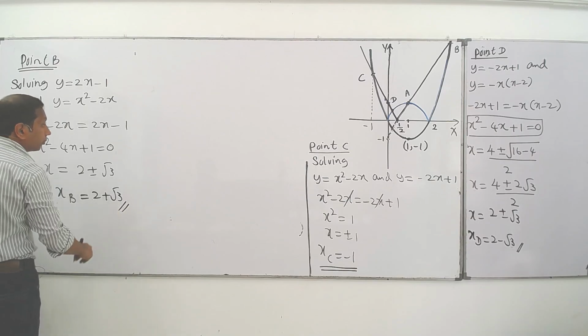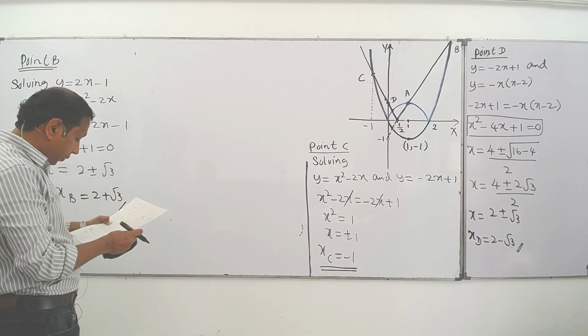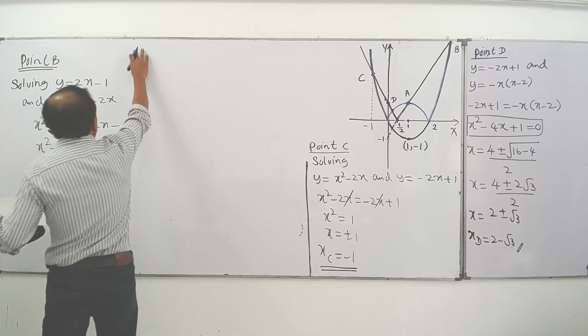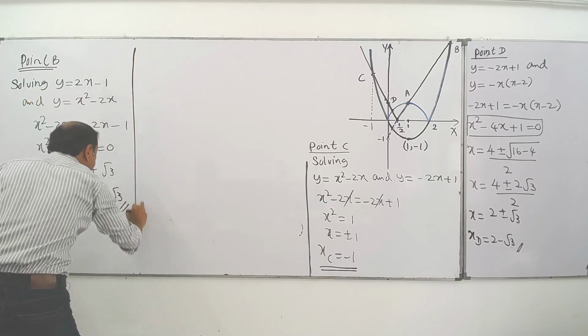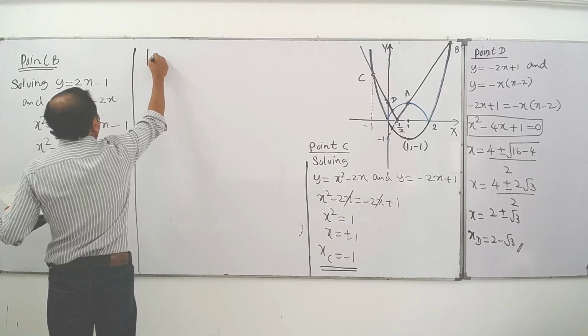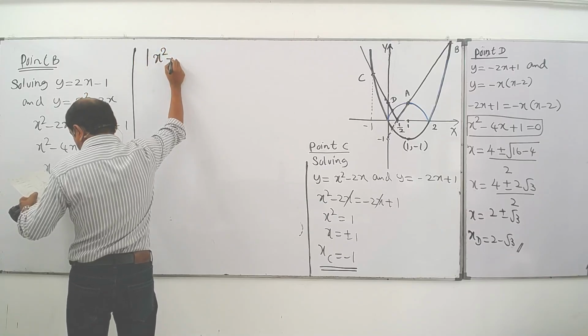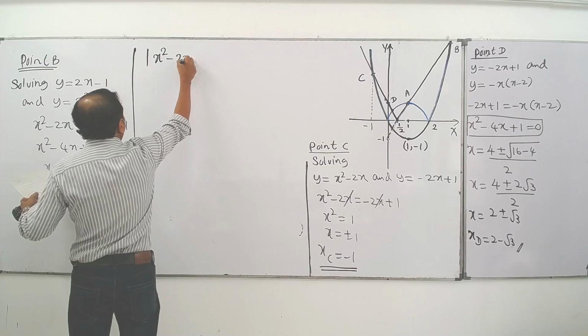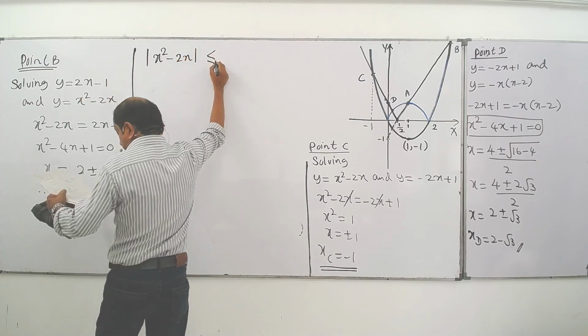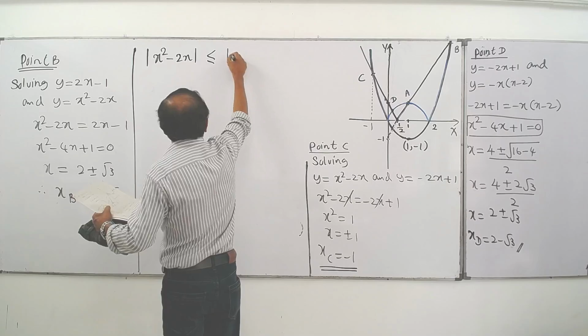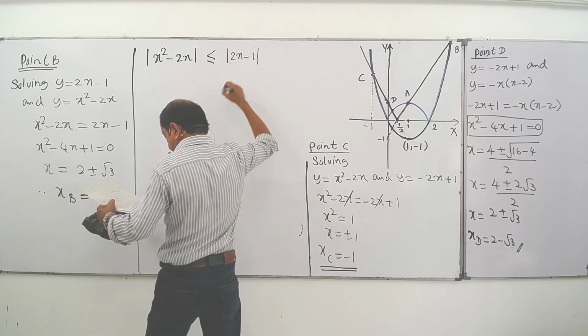Right. Now, what is being asked? The next one asks: mod x squared minus 2x is less than or equal to mod 2x minus 1. Okay.